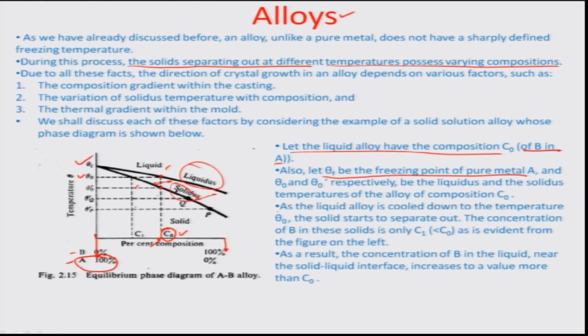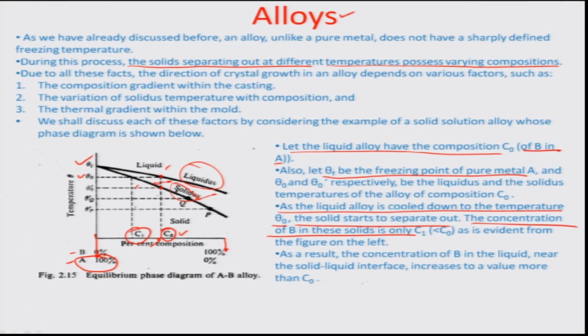So, as the liquid alloy is cooled down to the temperature theta 0, the solid starts to separate out and the concentration of B in the solid is now only C1. Okay.